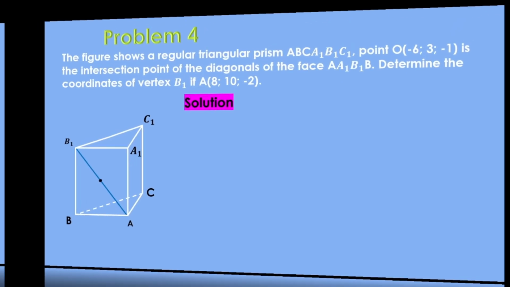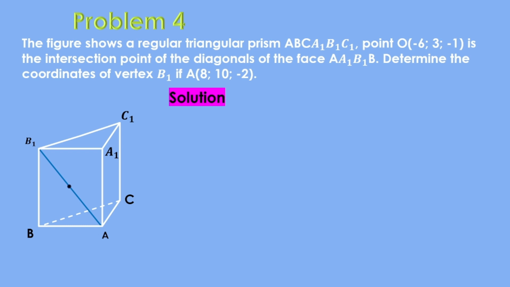Problem 4. The figure shows a regular triangular prism ABCA1B1C1. Point O(-6, 3, -1) is the intersection point of the diagonals of face AA1B1B. Determine the coordinates of vertex B1 if A(8, 10, -2). So first I will mark all the known and unknown coordinates, and we see that point O is the midpoint of the segment AB1.